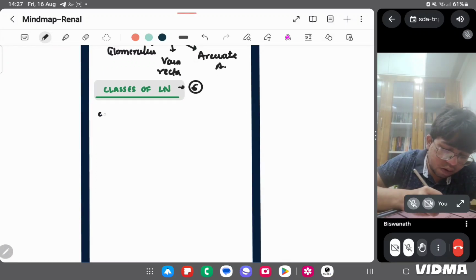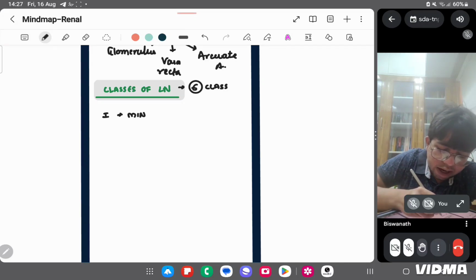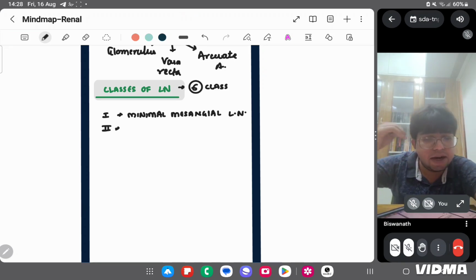So class 1 is minimal mesangial lupus nephritis. Minimal, it is very less. Then it proliferated, it spread, right?